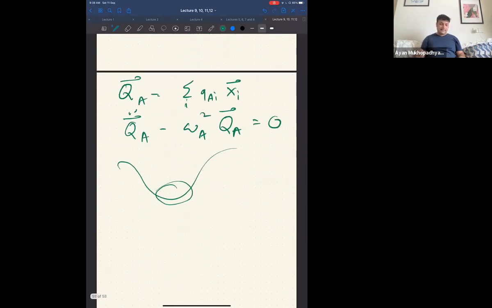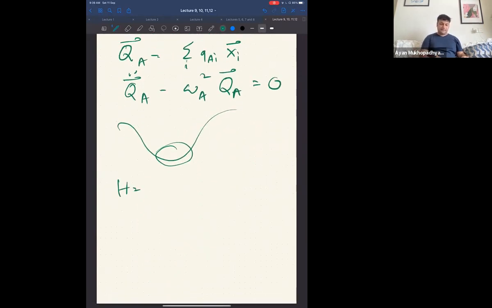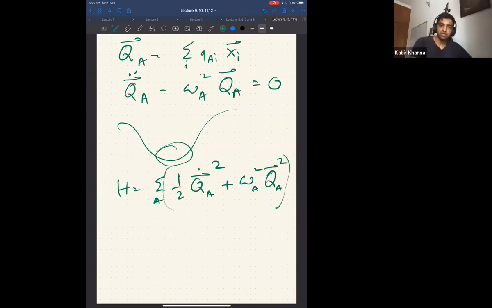So classically, the Hamiltonian can be written in this way: sum over a of one half Q_a dot squared plus omega_a squared Q_a squared. I'm just absorbing the mass and everything inside this Q to have the right dimensions. So that's minus omega_a squared. No, it's plus. It's the Hamiltonian.